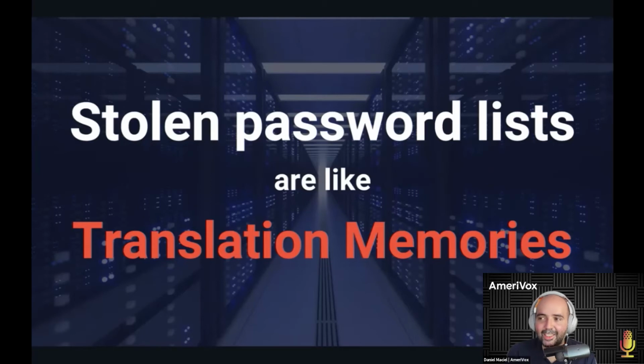And what happened is that these lists of people's passwords that they use on websites work like translation memories in a way, in that every time somebody changes a password or gets a password stolen, this gets stored in a database, and people use those databases to train the systems that try to decrypt your passwords for common passwords.